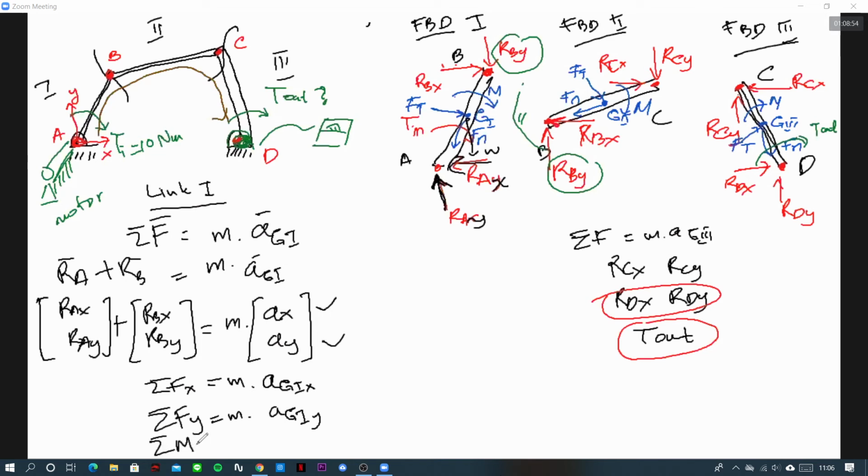With respect to which point, it is up to us. Let's say with respect to G1. I think I made a mistake. Did I make a mistake before?